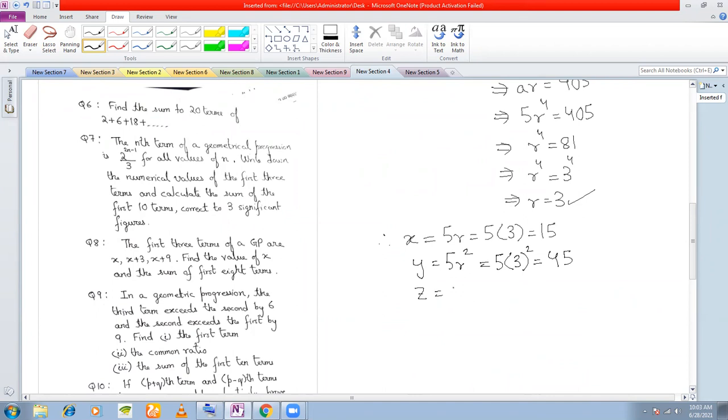And z here is 5R cube, so 5 into 3 cube, which is equal to 135. So I've got the values of x, y, and z. I hope there are no questions here. Is this clear?